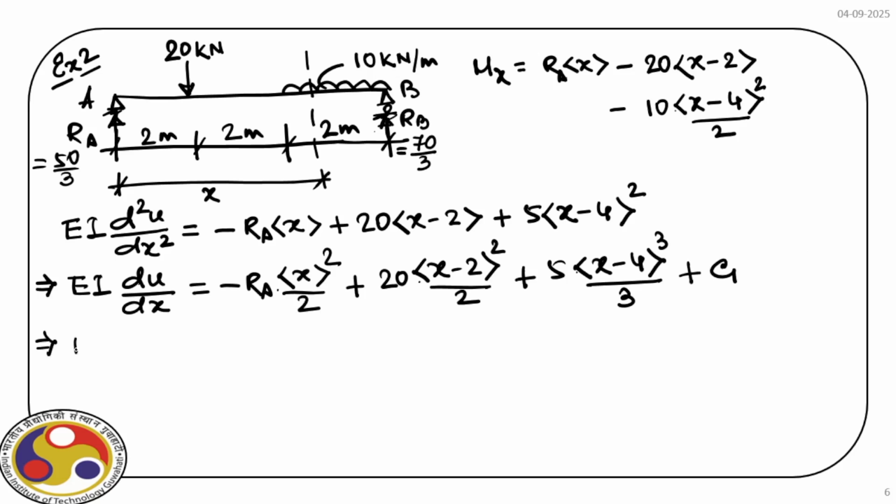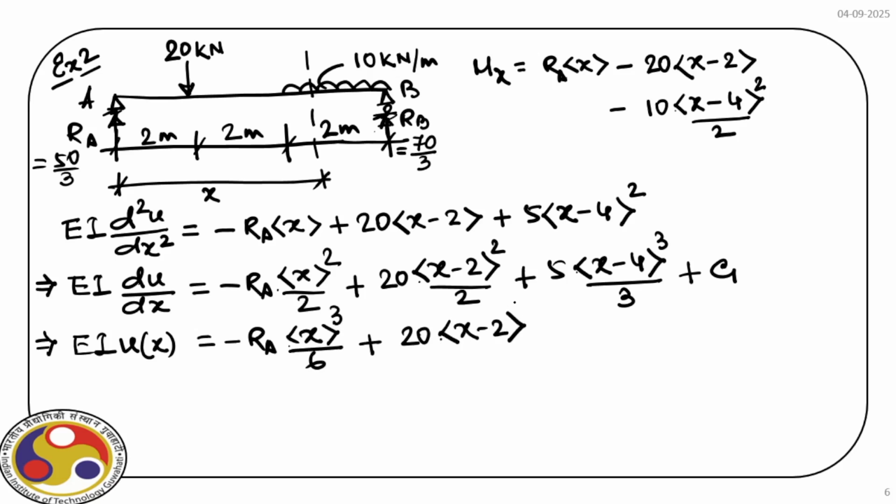Then again, if we integrate, EI u of x will be equal to minus RA times x to the power 3 divided by 6 plus 20 times x minus 2 to the power 3 divided by 6 plus 5 times x minus 4 to the power 4 divided by 12 plus C1 x plus C2.